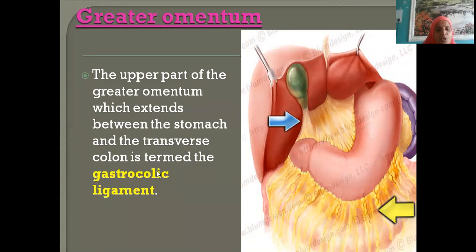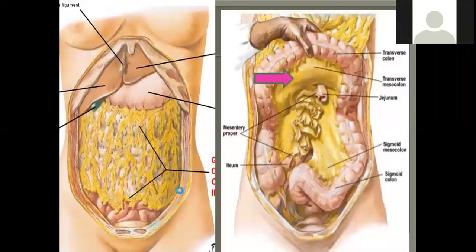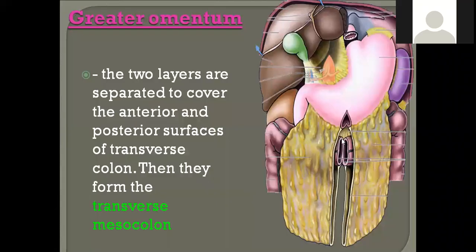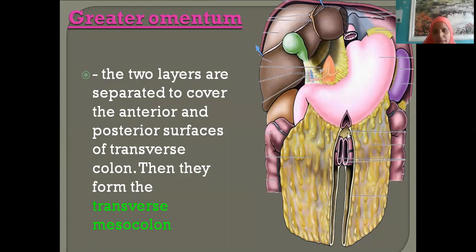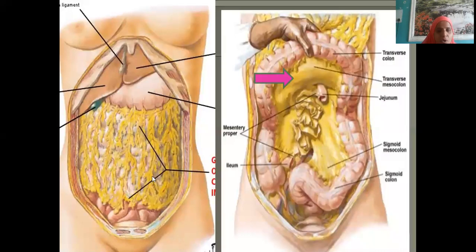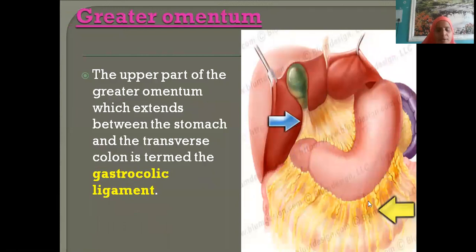You call it the gastrocolic ligament. Exactly where I am keeping my arrow, between the stomach and transverse colon, the thickening of peritoneum, you call it the gastrocolic ligament. Yellow in color here.